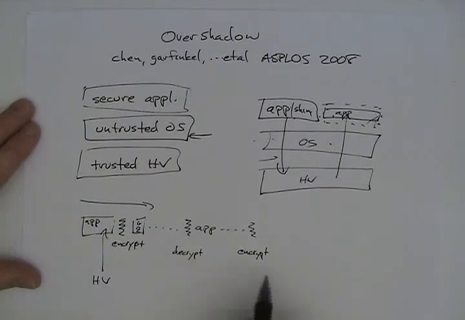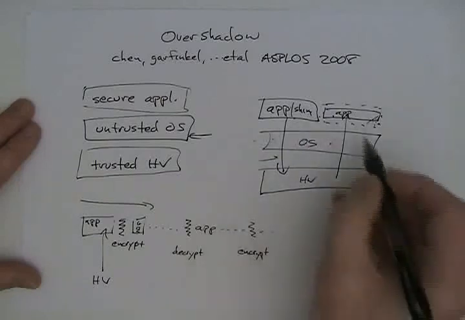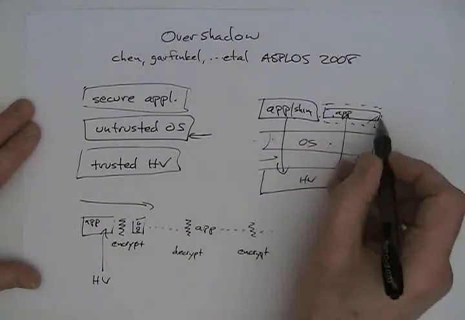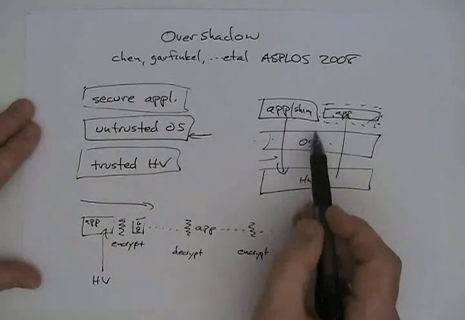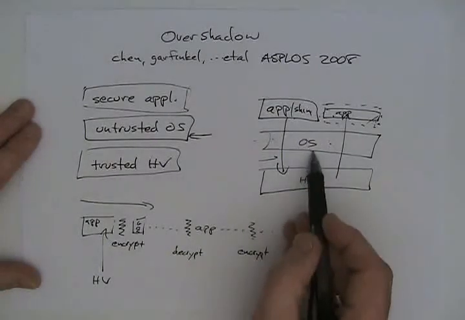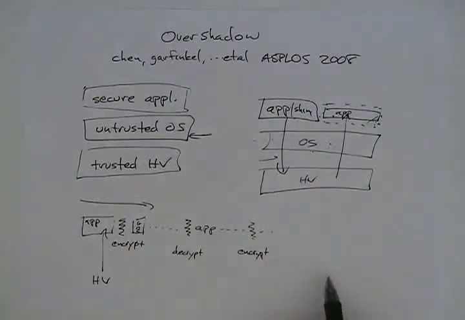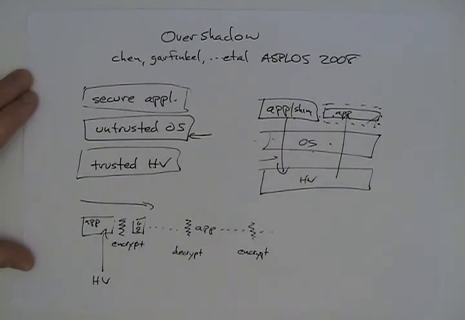But as I said, no matter what the OS does, it can never actually subvert this application, because the hypervisor ensures that the application is protected, that it's cloaked whenever the guest OS is running, and that the application is only uncloaked whenever the guest OS has stopped running and we have started directly executing our secure app.